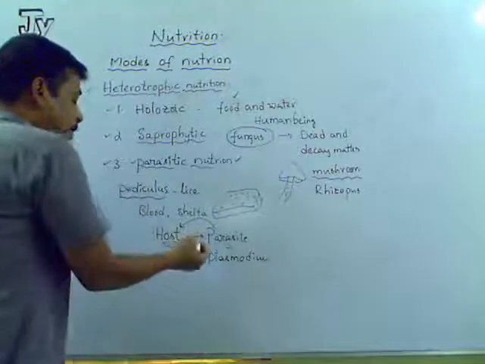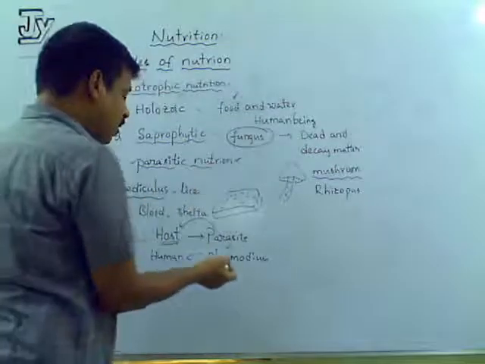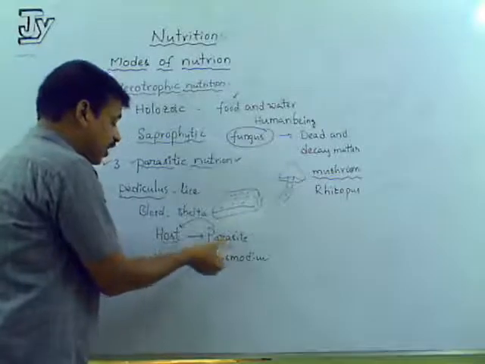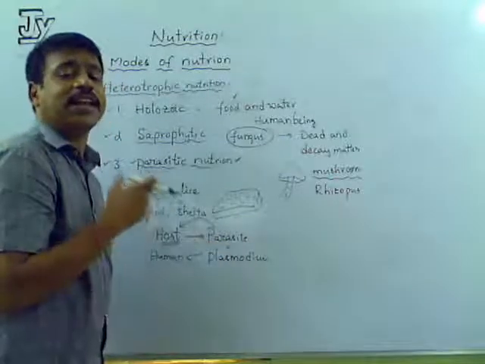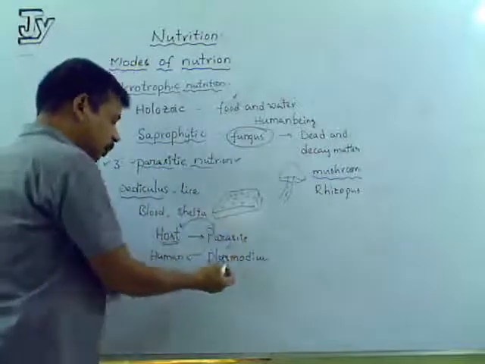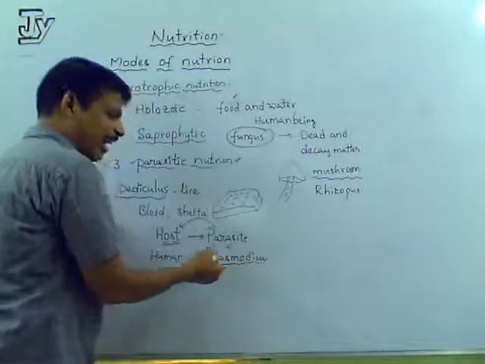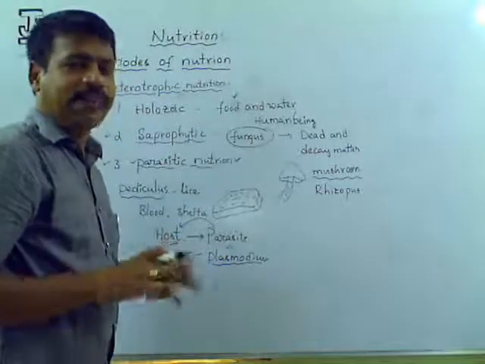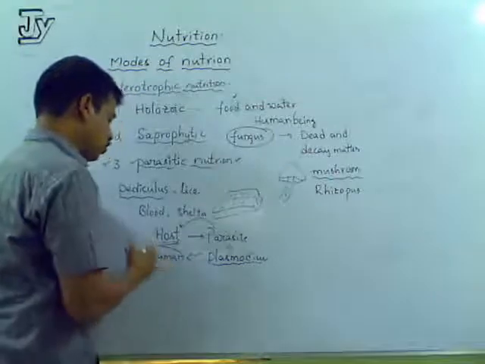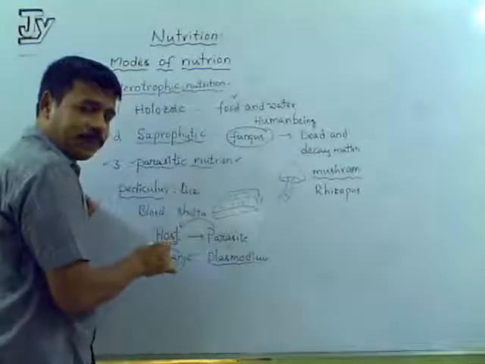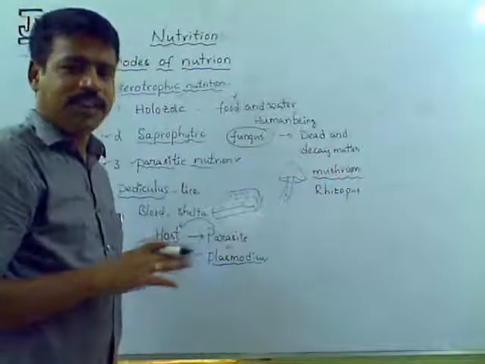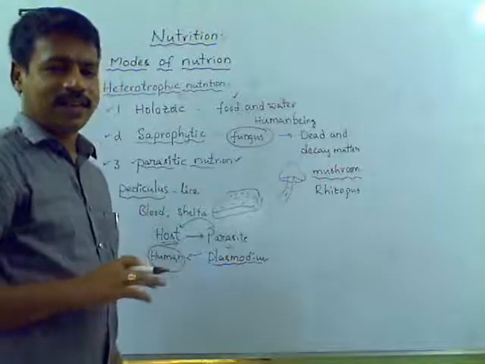When the Plasmodium enters into the human being, we get malaria. In this malaria, the Plasmodiums badly damage the blood cells, and hence the person, the host, suffers from a deadly disease, malaria. So this is one type of relation.